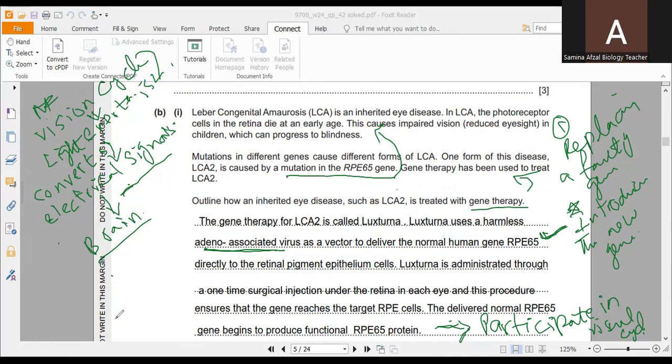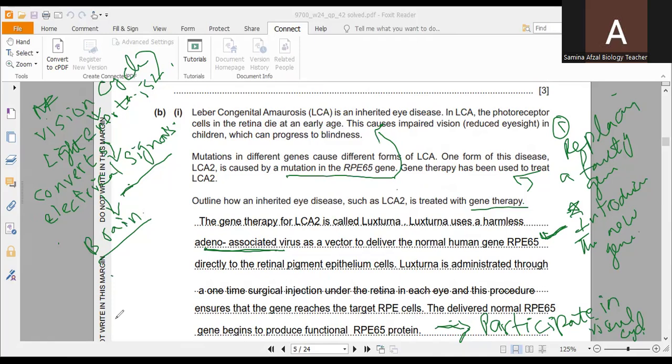By restoring a key step in the visual cycle, Luxturna can improve the vision of individuals with LCA2, particularly their ability to see in low light conditions. Clinical trials have shown improvements in functional vision and light sensitivity in patients treated with Luxturna.